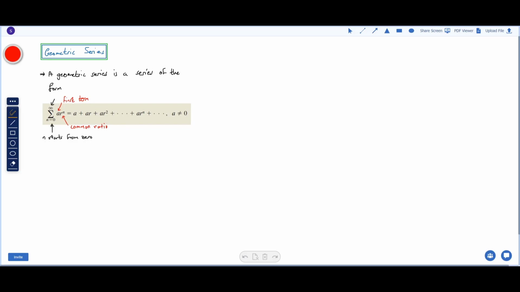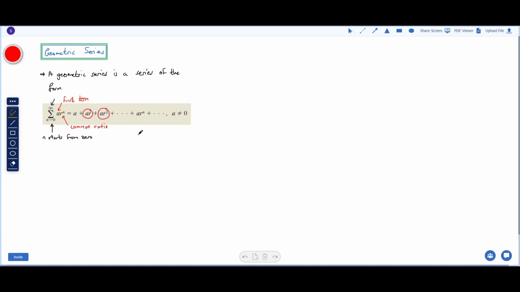Okay, so in a way, I'm kind of confused about what the ratio is. I know r is supposed to be the common ratio, but I was thinking that for a ratio between two terms, we'd see a fraction of some sort. Yeah, but if you think about it, say you take this term here and the previous term here.